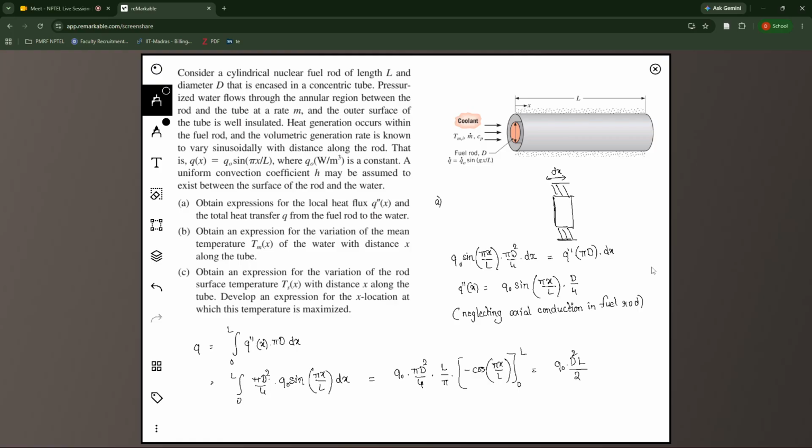Sorry, d square L by 2, right? This is a fairly straightforward one.